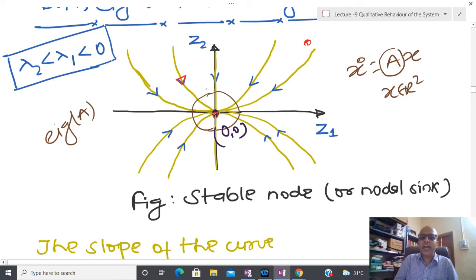I have already told you the reason: a linear system has a very beautiful property. Whatever local behavior we see, the same behavior can be extended to the whole space. So I just have to see the behavior near the equilibrium point, and the same behavior is preserved by the system if it is linear, but that is not the story for a non-linear system.